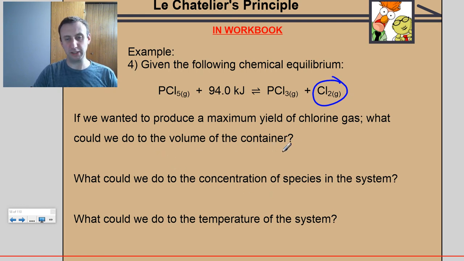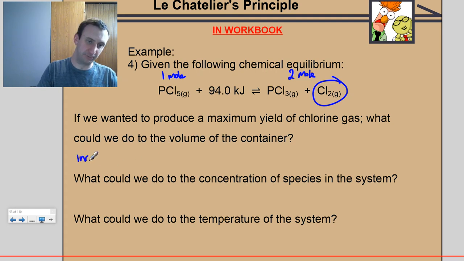And here we go. What we could do to the volume of the container. I have 1 mole of gas here, while in products I have 2 moles of gas. So if I want to increase the Cl2 amount, I want to lower pressure so it shifts to the right to bring pressure back up. So how do I lower pressure? I increase volume.